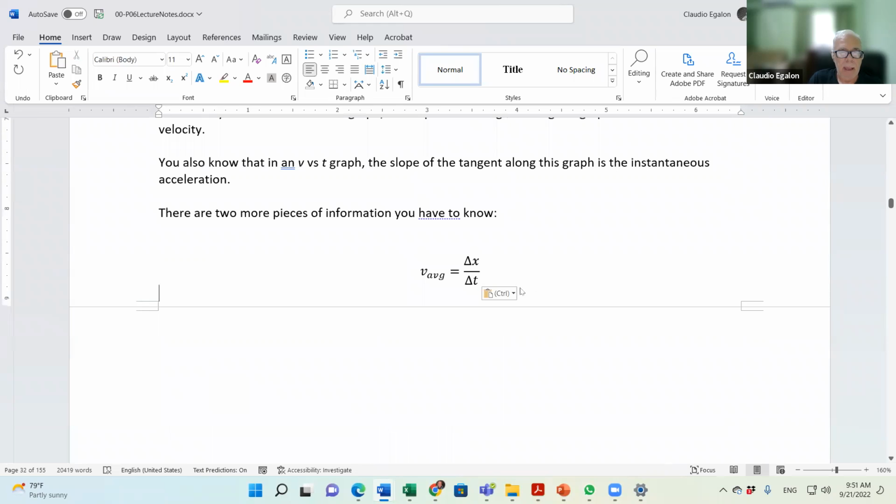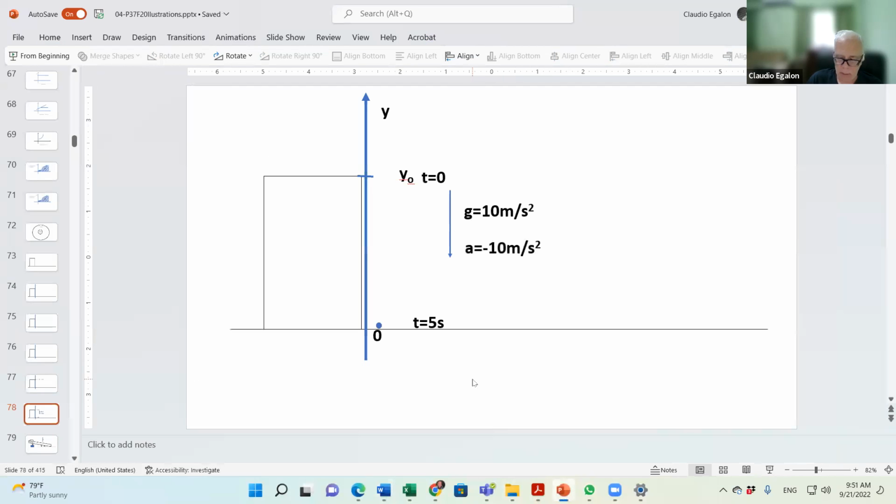And we can rearrange this equation in the following way. We can write delta x as the average velocity times delta t. What does this equation tell us? Okay, this equation tells us the following.